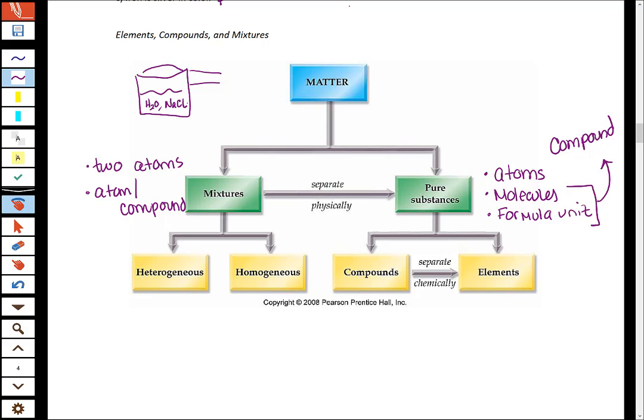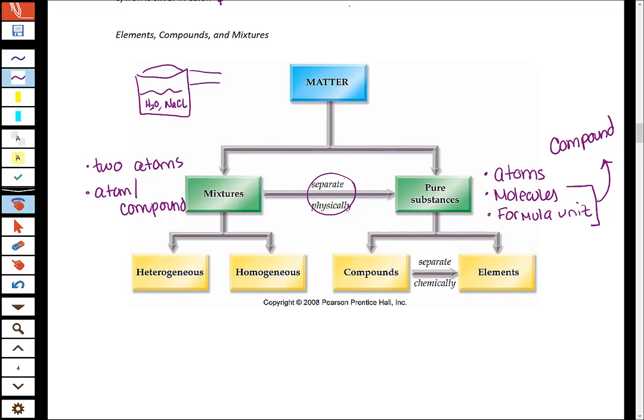If you let that pot sit on the stove on low all day long, at the end of the day, all of your water would be gone, and there would just be white powder at the bottom of your pot because you physically separated the water from the sodium chloride. The water evaporated and the sodium chloride's at the bottom of the pot. So mixtures are things that you can separate.